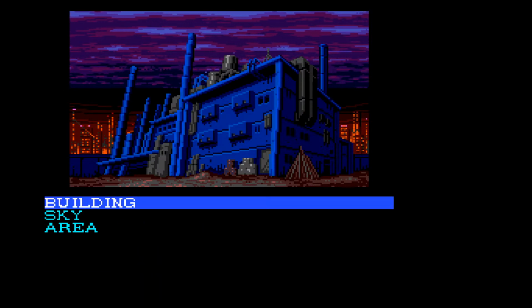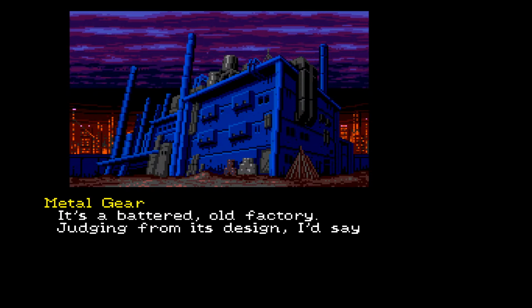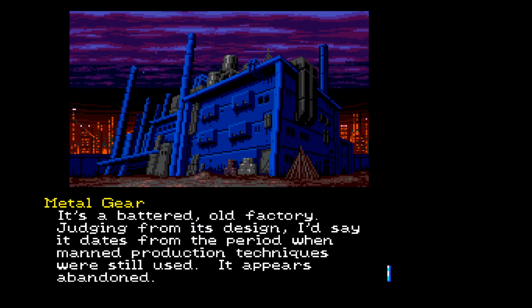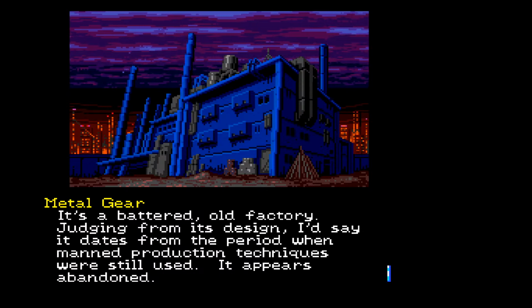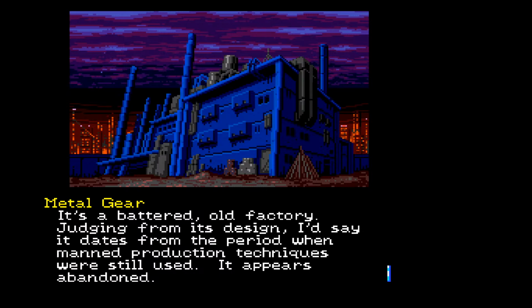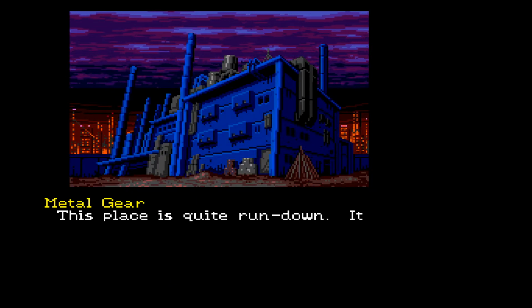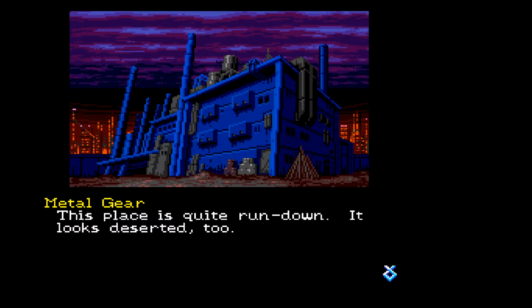Alright, so we'll take a look at the building. It's a battered old factory. Judging from its design, I'd say it dates back from the period when manned production techniques were still used. It appears abandoned. This place is quite run down. It looks deserted, too.